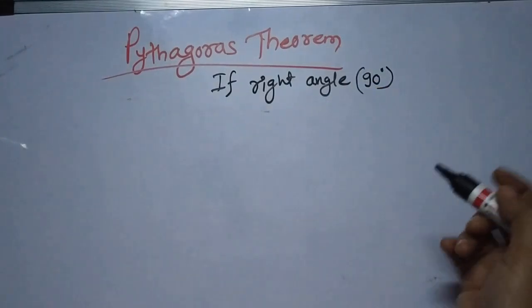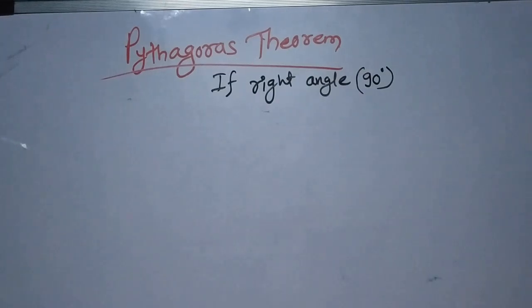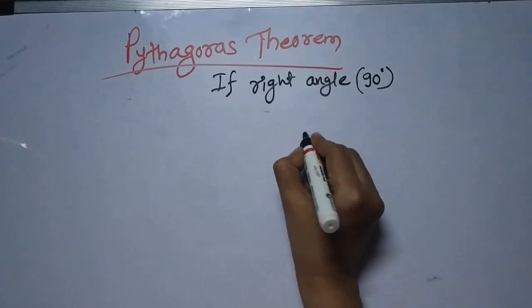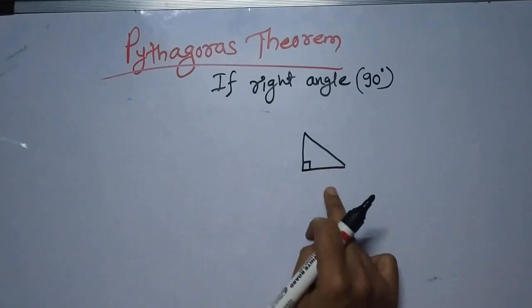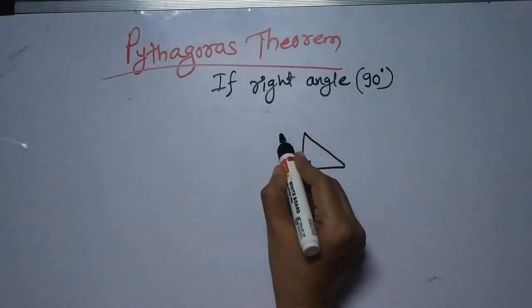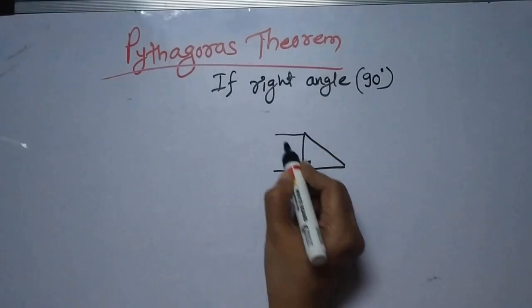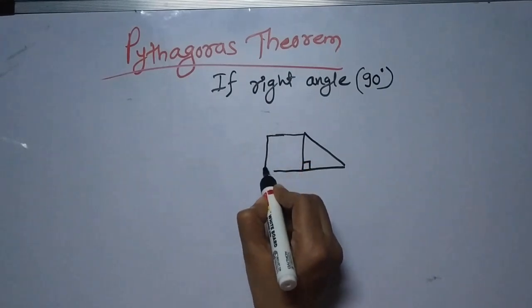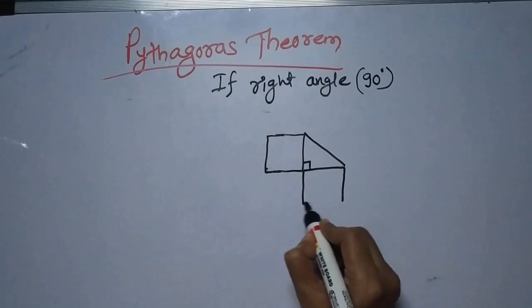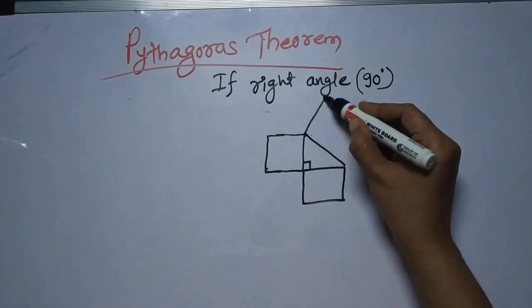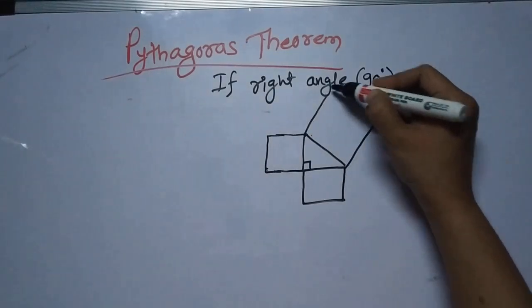He suggested that you make a square on each of the three sides. Suppose this is a right angle triangle with a 90 degree angle, and you make squares on the sides. This is one square, this is another square, and here is a big square because this is the longest side.